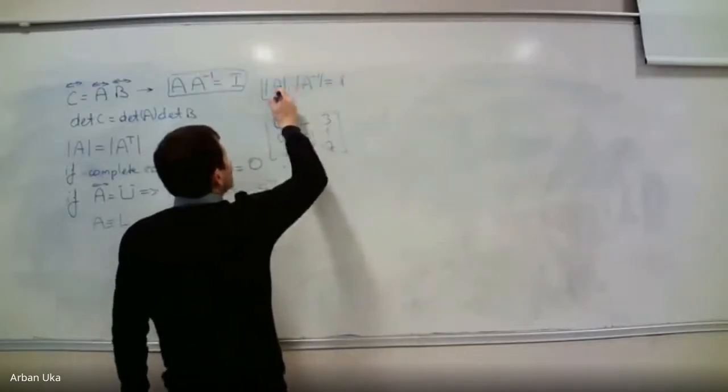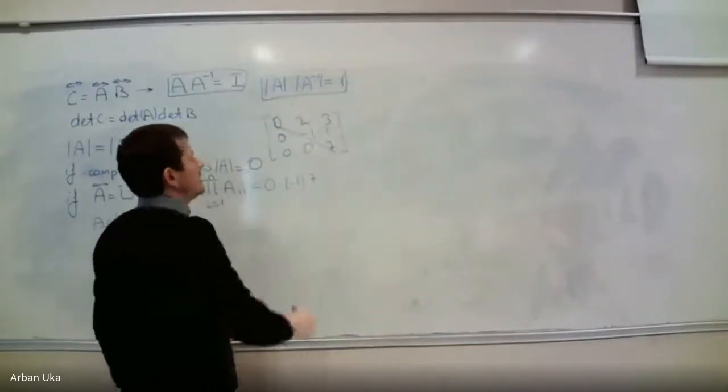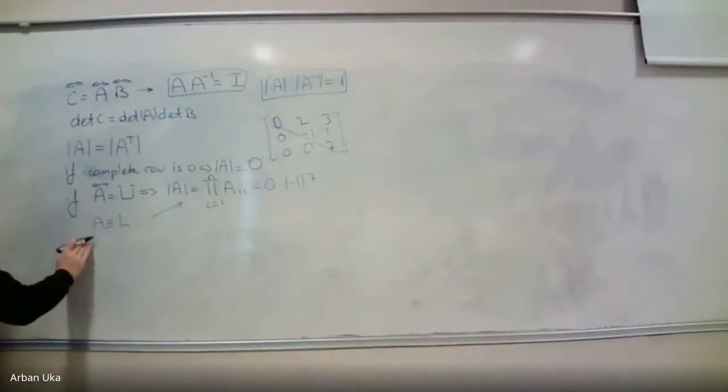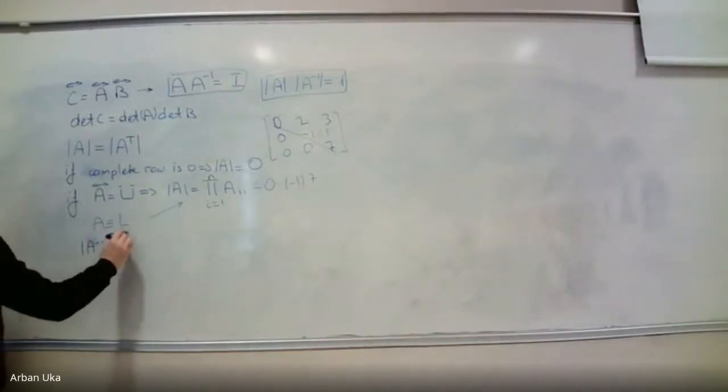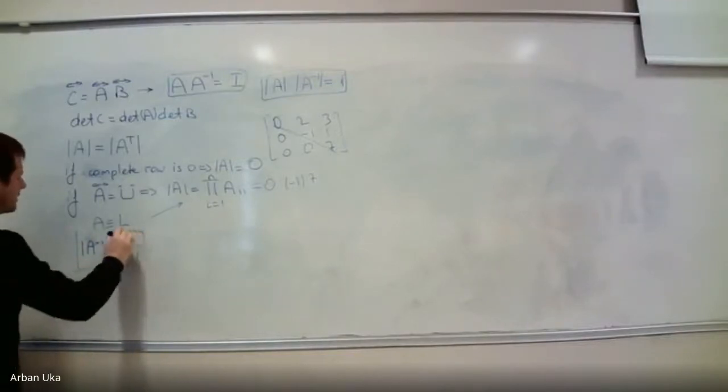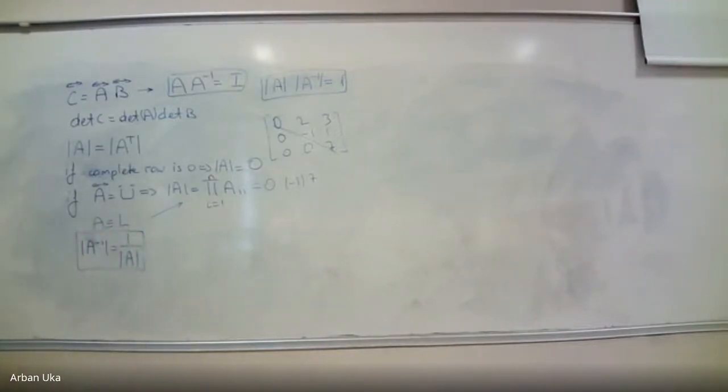Is equal to 1, that's correct. So this means that the determinant of A inverse is equal to 1 over the determinant of A. Okay? So here we have another important property of the determinants.